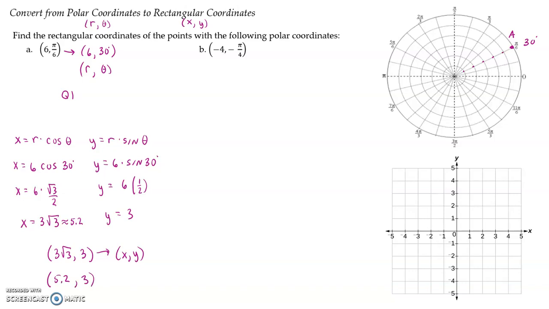So when we come over to our grid, a little more than 5 units along our x-axis and up a total of 3 units, our point for part A in the rectangular coordinate system is going to be right here. Now, if my polar grid and my rectangular grid were drawn on the same scale, they should be in the exact same location, but you'll notice that the point you're working with here was plotted in quadrant 1.